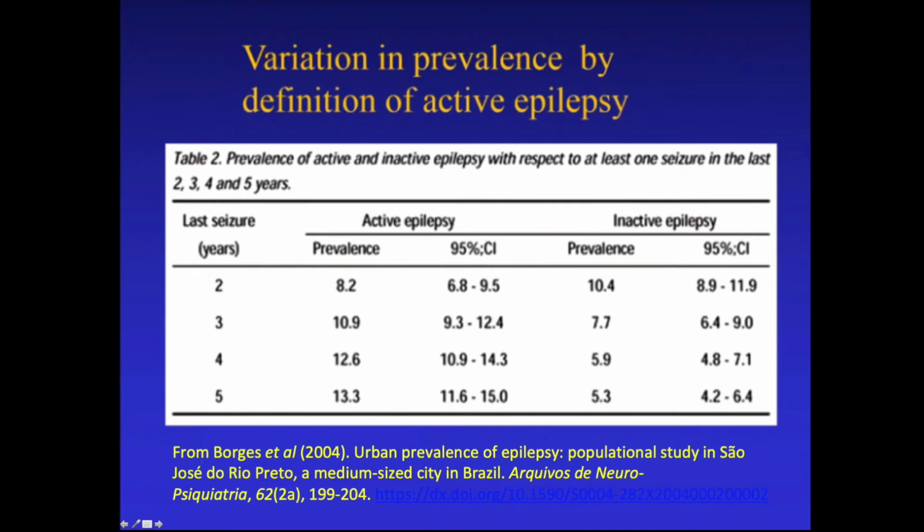If you use the 5-year definition, the prevalence of active epilepsy would be 13 per thousand. So you can almost double the prevalence by changing these numbers. So it's important to look at how they're defined, because this little twist to 2 or 3 or 4 years can substantially change estimates.